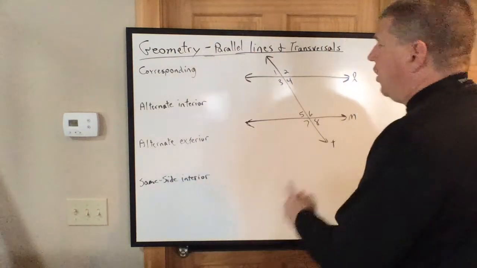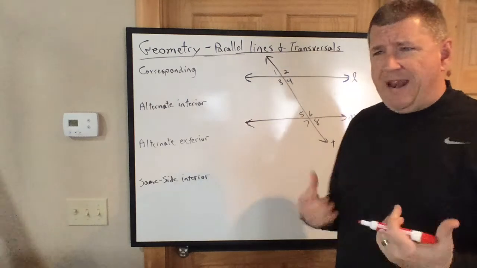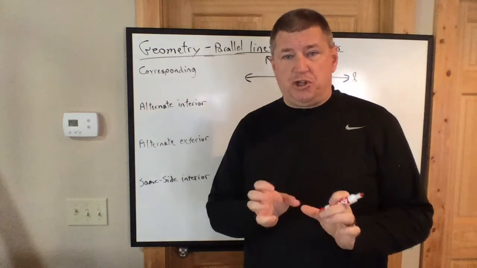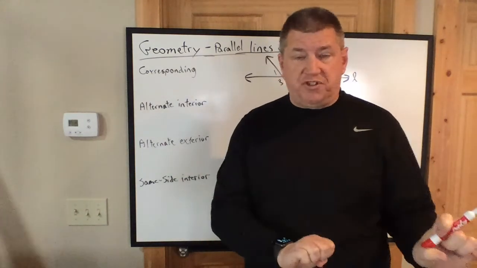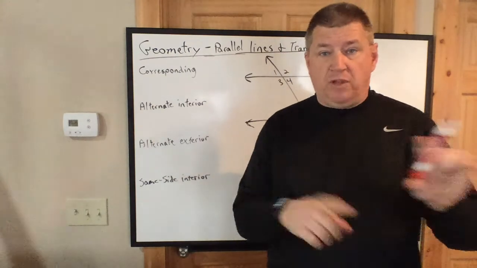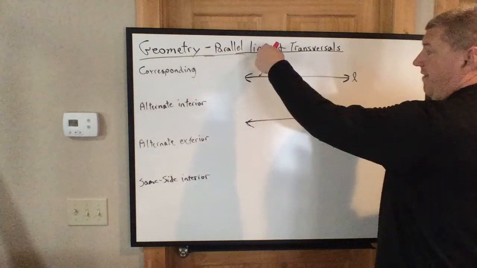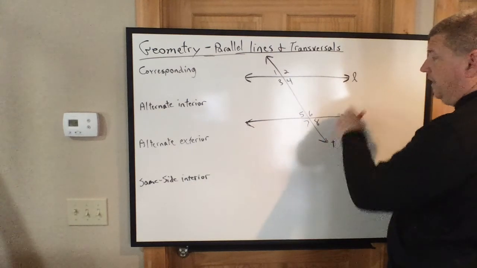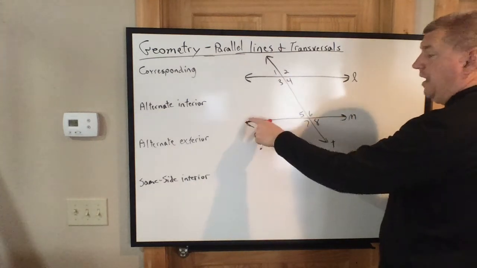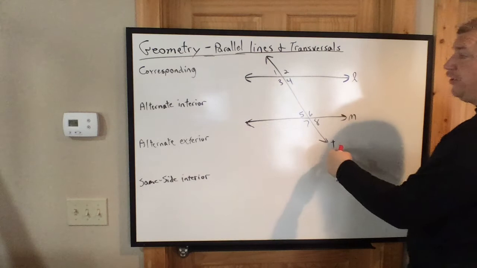So when we talk about corresponding angles, we're talking about angles that are in the exact same position in each of the quadrants that are created by the two lines and the transversal. Line L and line M are my parallel lines. Line T is my transversal.